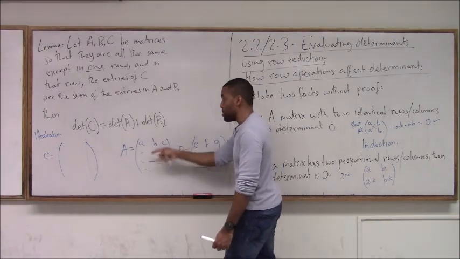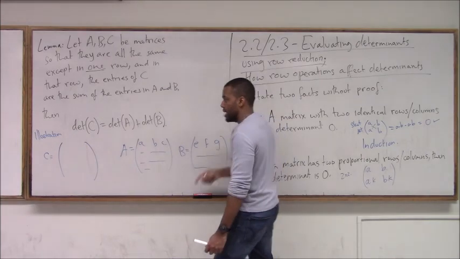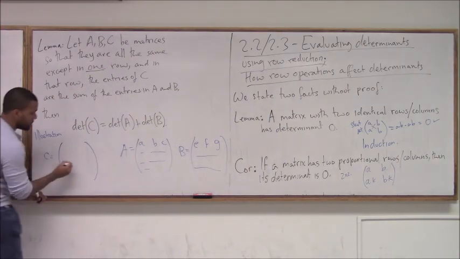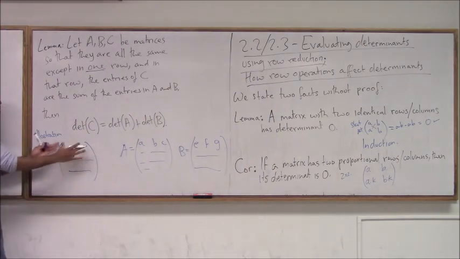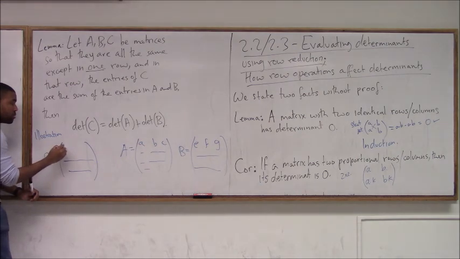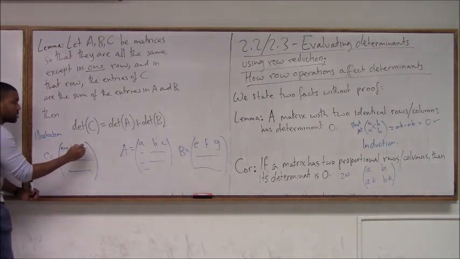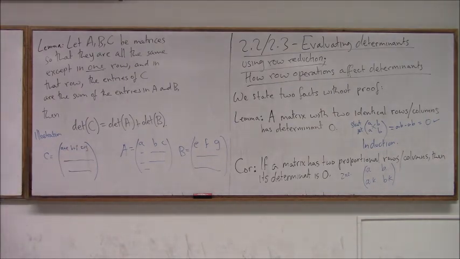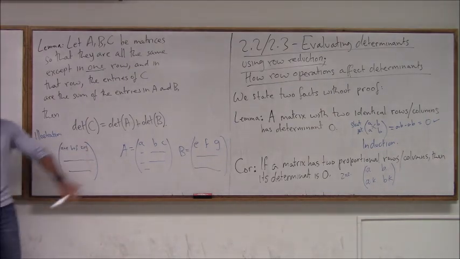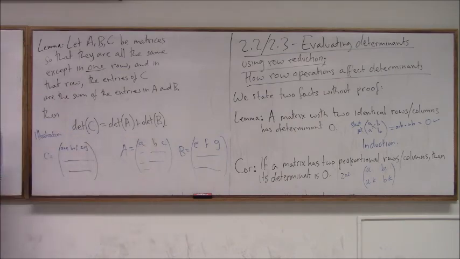It's completely the same except for this one row. And C is completely the same except for that one row as well. However, that row is the sum of those other two: a plus e, b plus f, and c plus g. Then it turns out taking the determinant of this matrix is the same as taking the determinant of those two and adding them together.